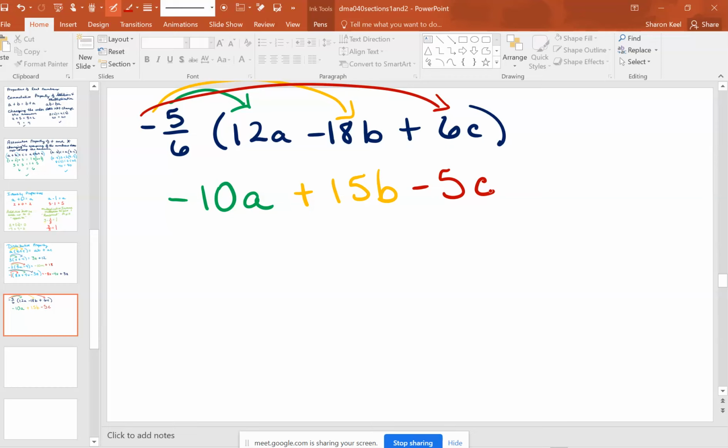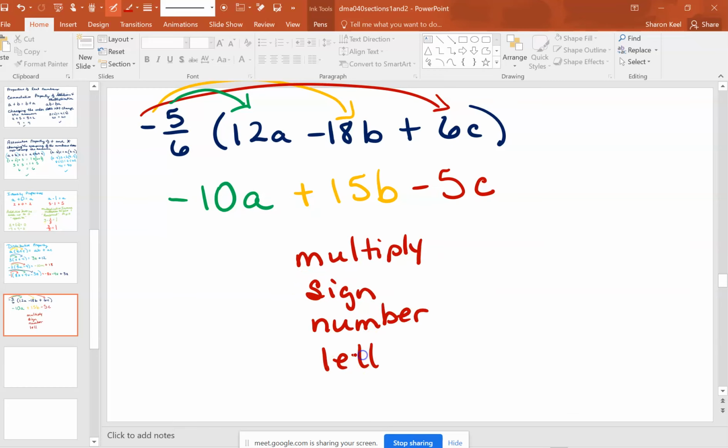Do not fret if you see negatives. You can use your calculator to do the math, the multiplication. And when you're doing the distributive property, the three things to keep in mind. First, know that you're going to multiply. Ask yourself, what is the sign? The next thing you're going to have is the number.